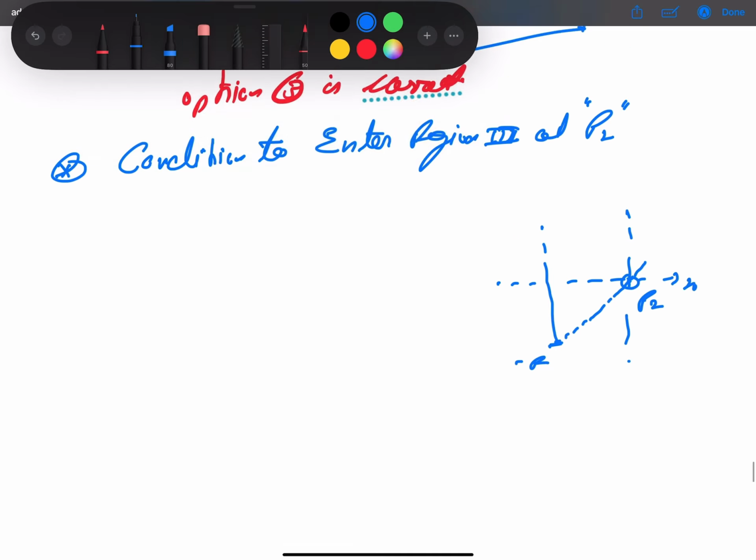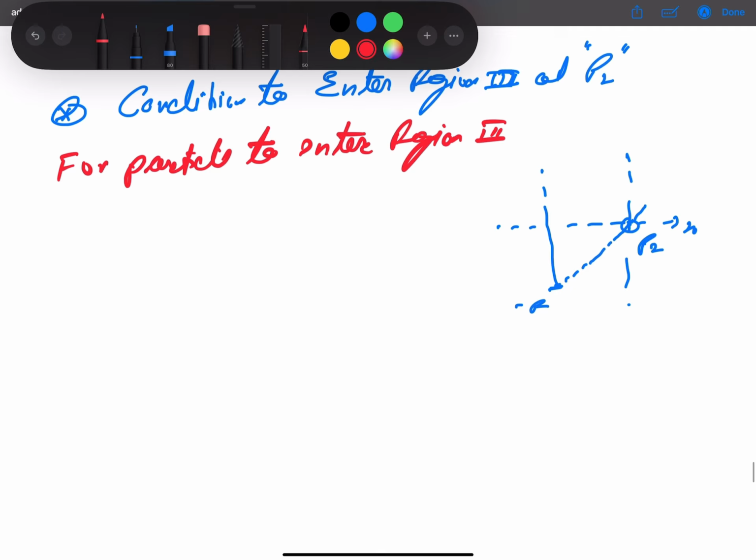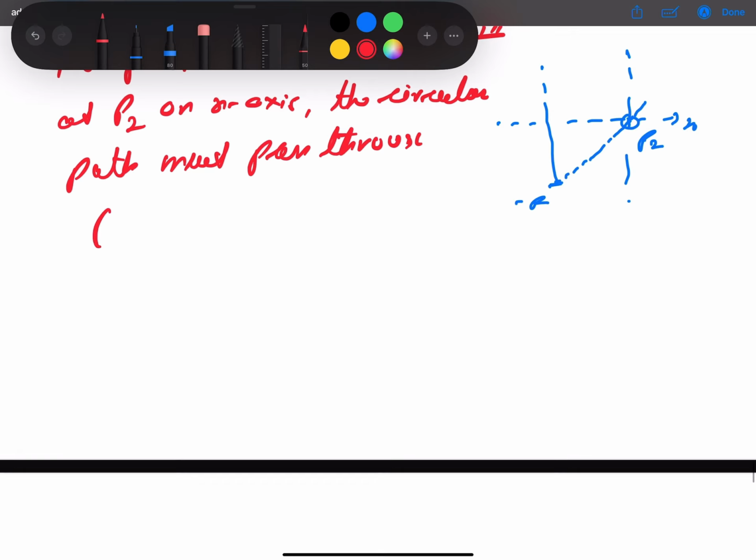So for the particle to enter region 3 at P2 on the x-axis, the circular path must pass through 3r/2 and 0, because this is our x equal to 0 and this is our x equal to 3r/2.